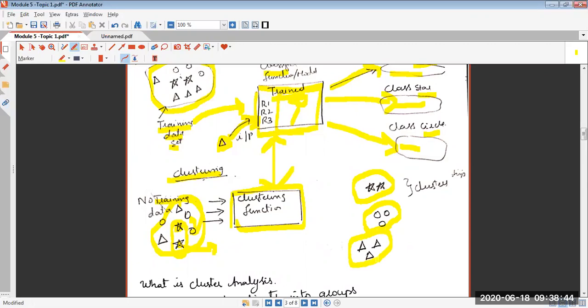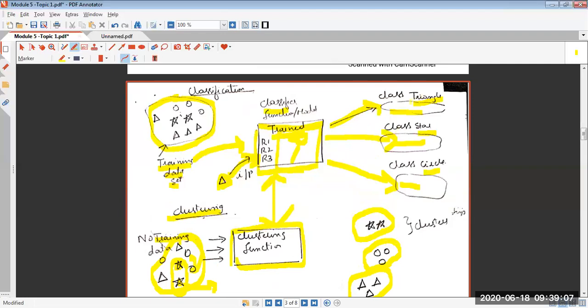So please note here, the clustering algorithm is not being trained beforehand. What it is doing is creating groups or clusters based on the relation between the attributes. In the previous case, we had given the class labels: triangle, star, circle were informed to the algorithm.